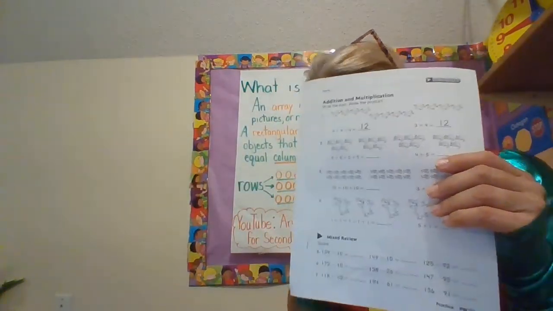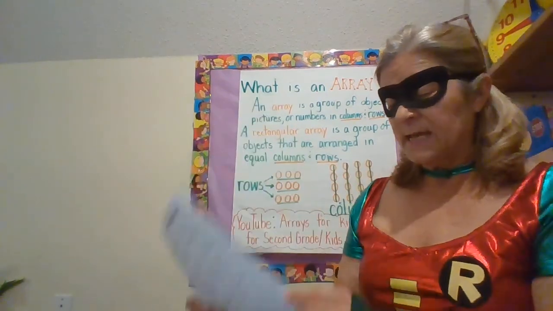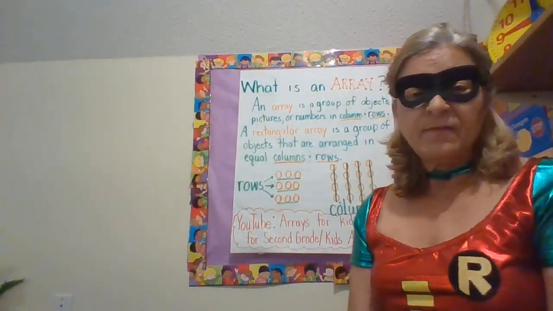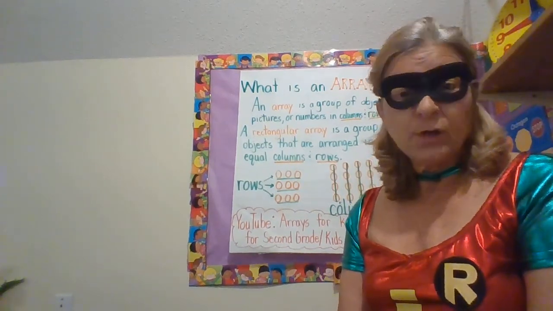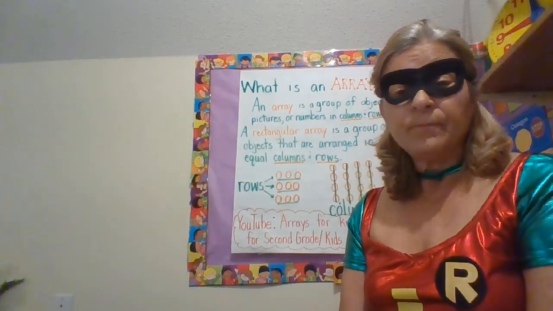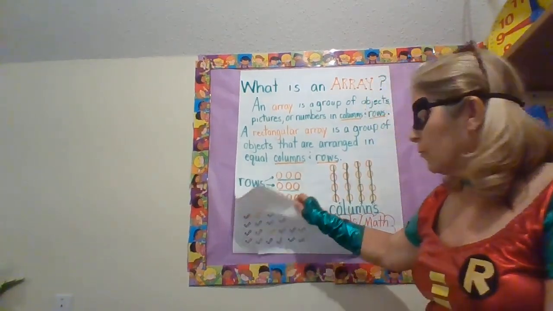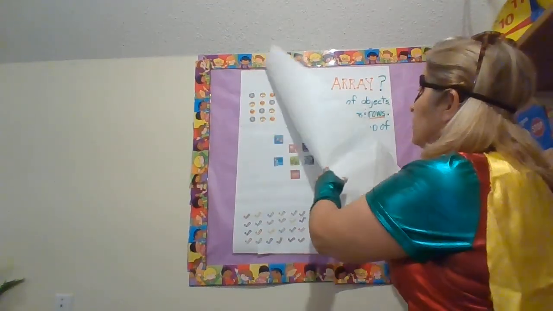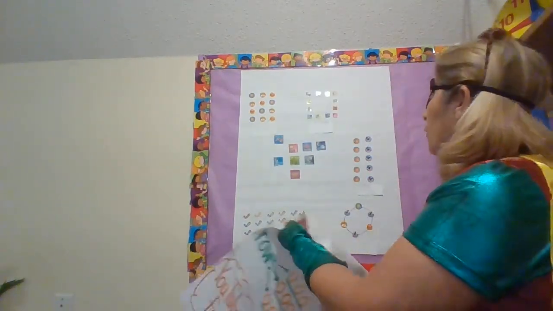There was one that looked like this that you had, and then the other one had some rows and some columns to make the arrays. I want us to look at the arrays that we looked at on Monday, and we talked about whether they were rectangular arrays. And the ones that were rectangular arrays, we are going to do some repeated addition with that.